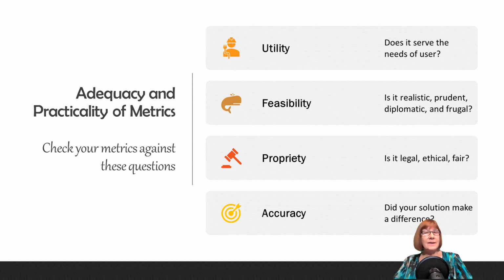Propriety, is it legal, ethical, or fair? That's usually not a big deal with us, although sometimes fairness might be of interest. And accuracy. Did your solution make a difference? It needs to be accurate enough so that you can tell whether or not something changed.